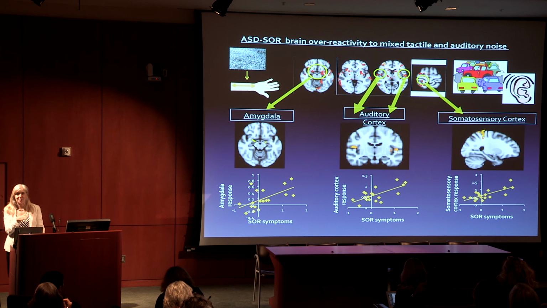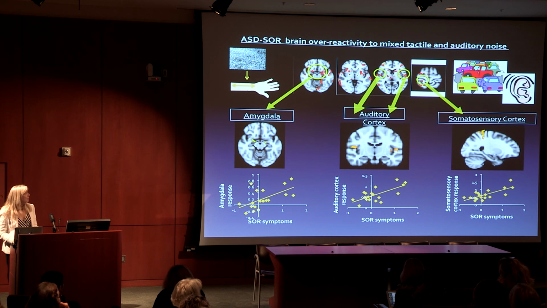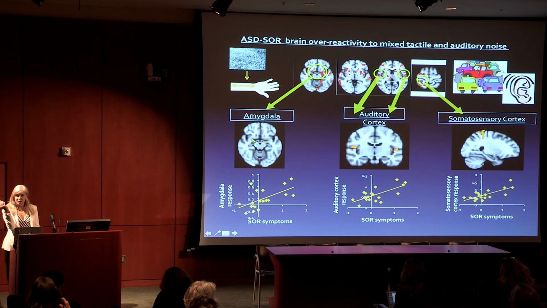And this harkens back to what Ted alluded to this morning, this sensory integration. When they experienced both annoying stimuli at the same time, there was again hyperactivity, in this case in the auditory cortex, hyperactivity in the touch areas, the somatosensory cortex, and hyperactivity in the amygdala.